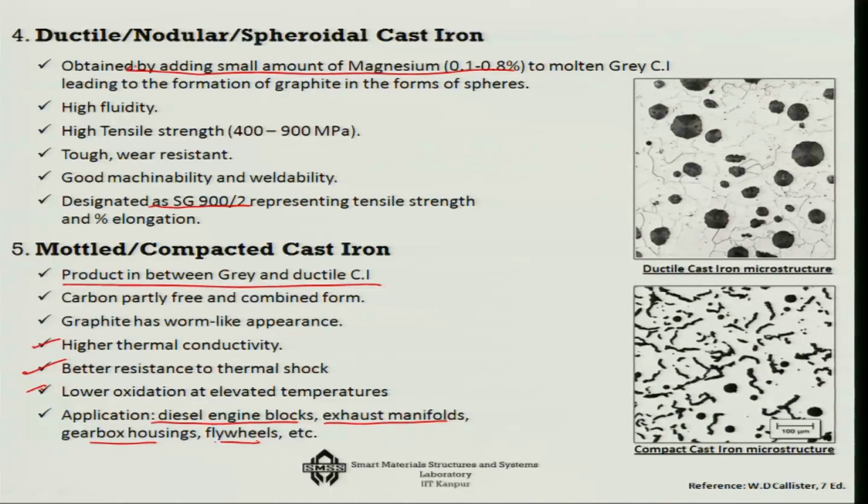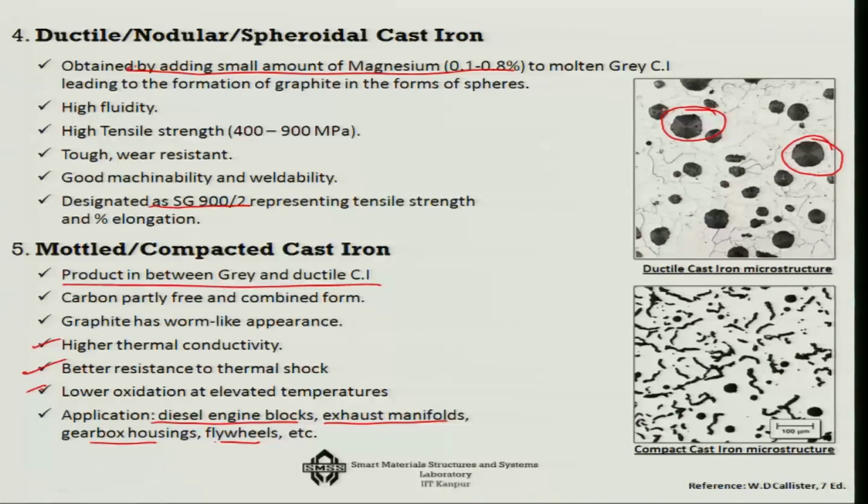If you look at the structure of both of them, for the ductile iron, you can see that just by adding a small amount of magnesium, you can indirectly control the formation of graphite. That gives it good machinability and weldability, because as I told you, graphite works like a lubricant.